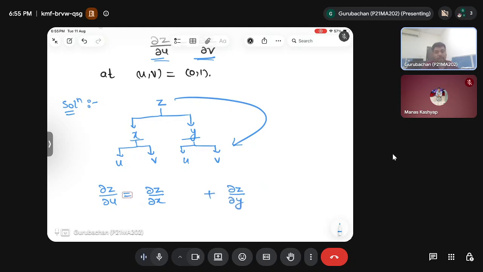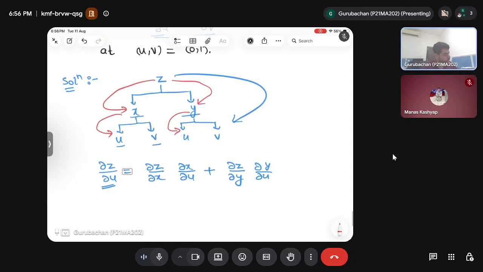Now x depends on u and v, but you need to calculate only u. So this will be del x by del u and del y by del u. I am first coming to x, then going from x to u; in the same way y, then y to u.